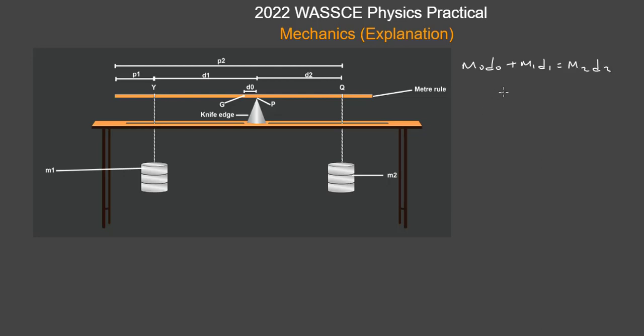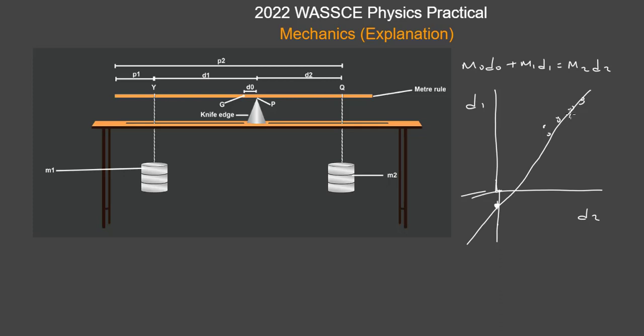In this experiment, we're expected to plot d1 on the y-axis and d2 on the x-axis, and we're expected to make some plots such that eventually we're going to get something like this, where we are going to have a y-intercept. This is the y-intercept, the point where it crosses the y-axis.